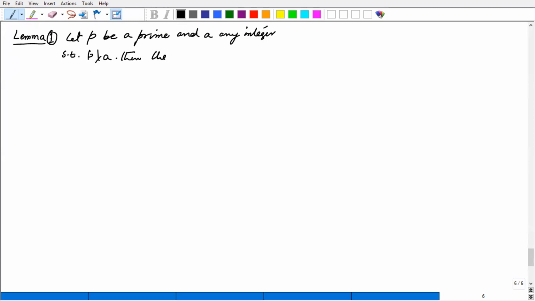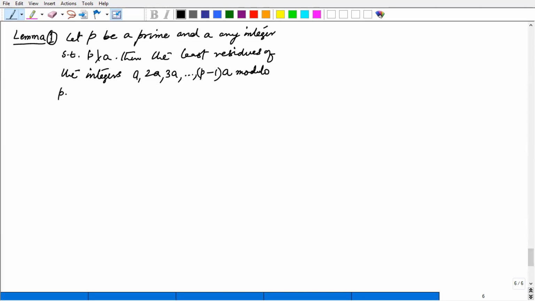Then the least residues of the integers a, 2a, 3a, till p minus 1 times a modulo p are a permutation of the integers 1, 2, 3 to p minus 1.